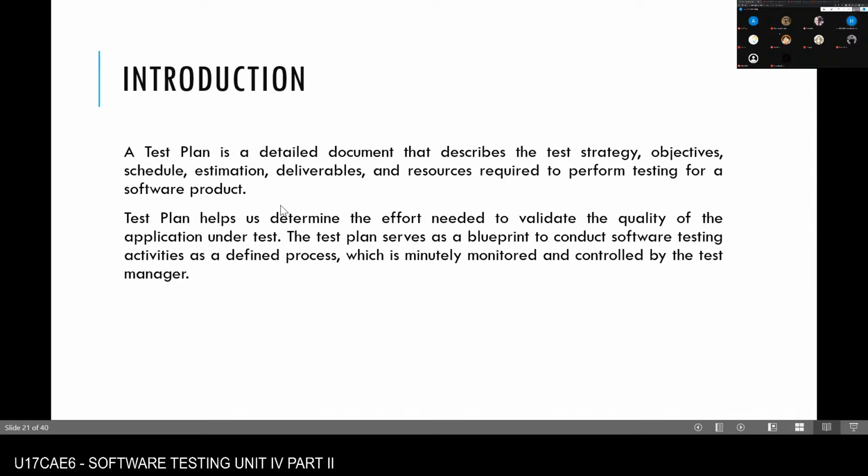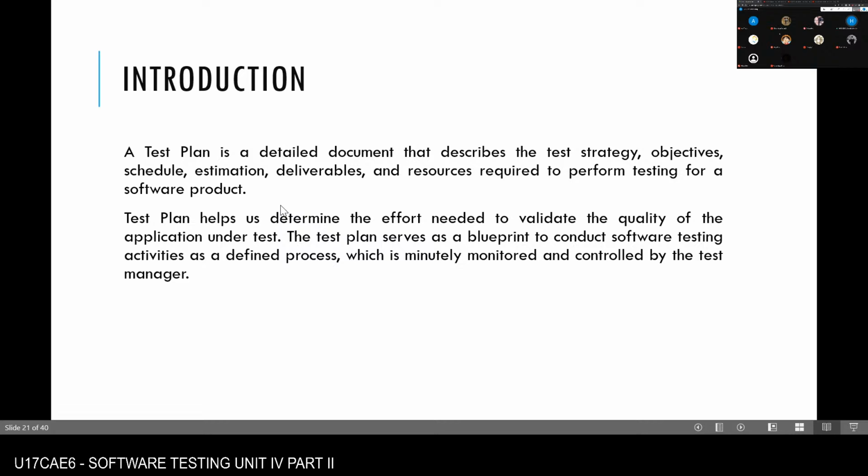What graphs or what quantitative output you are going to give. Resources required to perform testing for a product. So a test plan helps us to determine the effort needed to validate the quality of application under test. Okay, so the test plan serves as a blueprint to conduct various activities and everything.